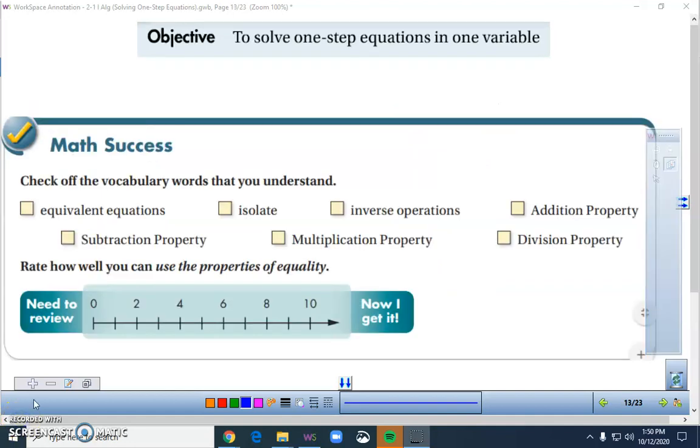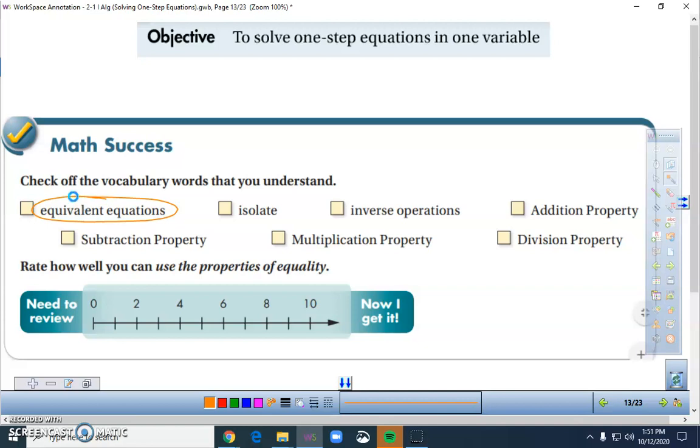All right, so solving one-step equations. Let's make sure we back up and talk about equivalent equations. Equivalent equations means they have the same solution. Okay, and again, that's when we would add on one side and balance that on the other side, or multiply on one side, balance it on the other side.